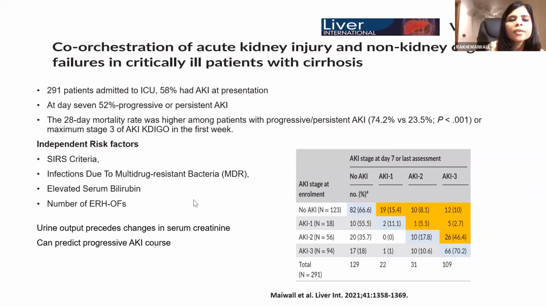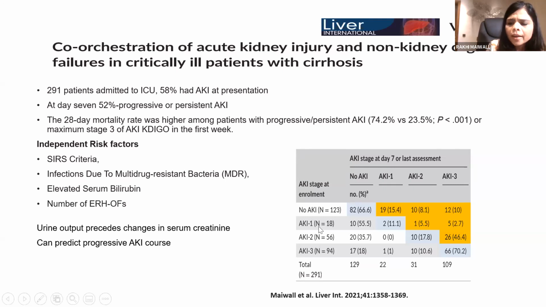And I know all of us are handling these infections, and these are very difficult to treat, require nephrotoxic drugs, and therefore the kidneys become a challenge to manage. Elevated serum bilirubin, like in our patient, and the number of extrahepatic organ failures. These were the important other components that become very, very relevant while you're managing your patients in the intensive care unit.